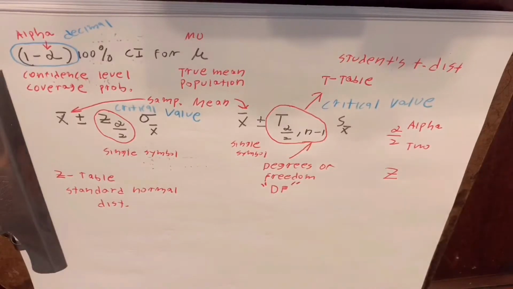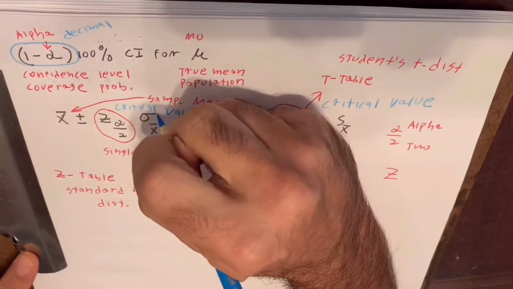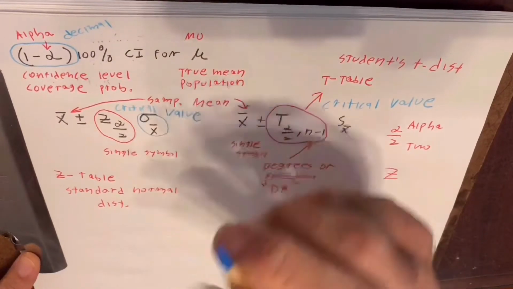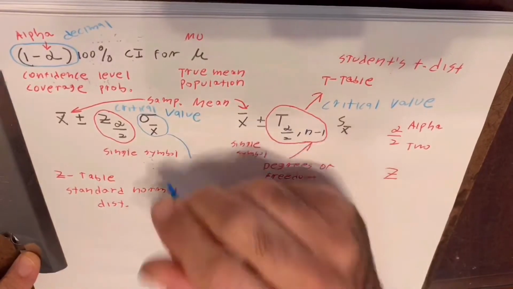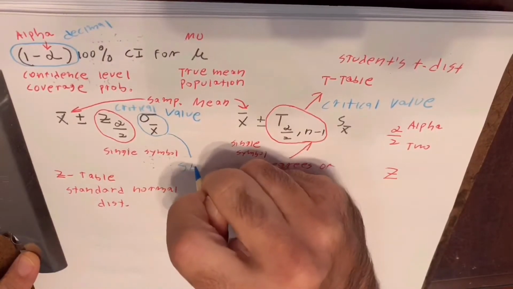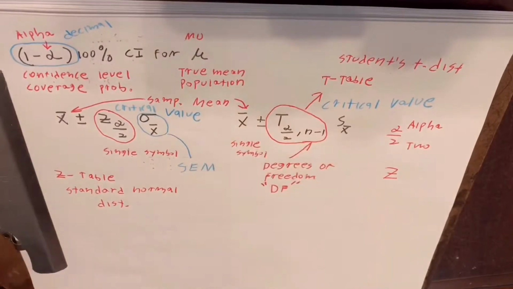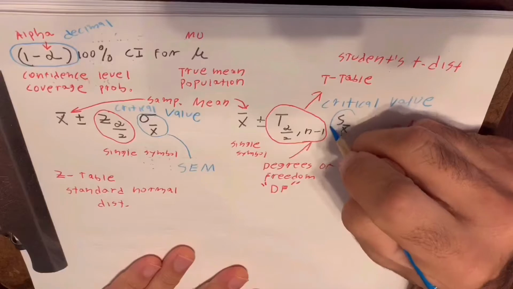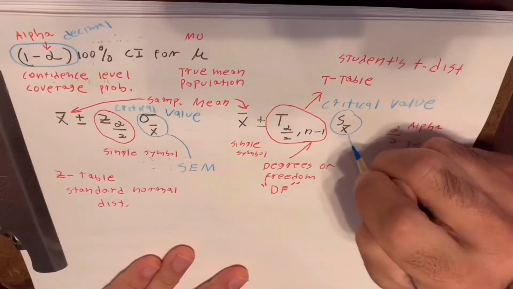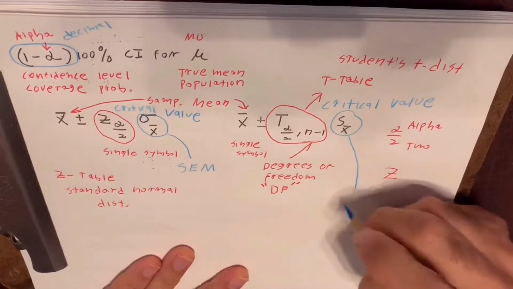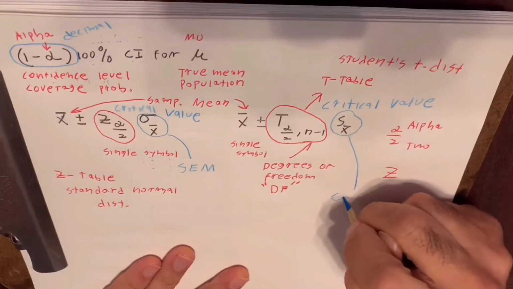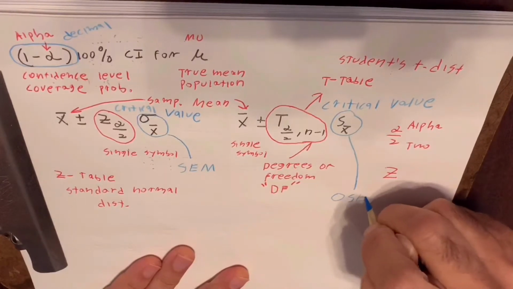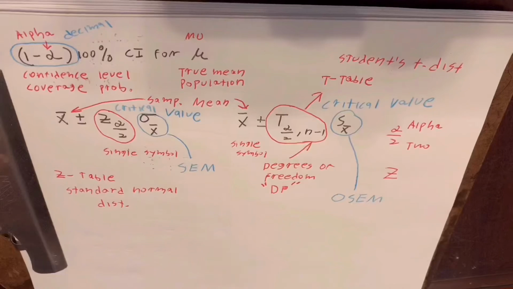And this term over here is called the standard error of the mean, SEM. And this is called the observed standard error of the mean. I'll just write OSEM for observed standard error of the mean.